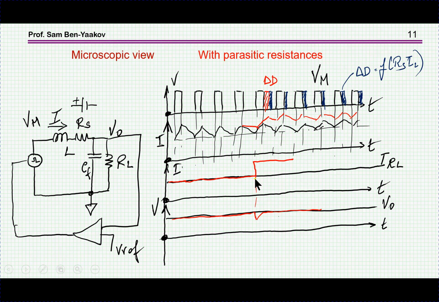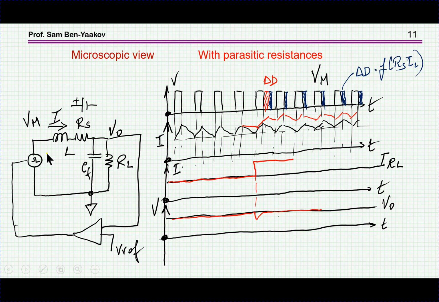In this case, if there is a change in the current due to the change in the load resistance, again we're going to have a drop here. Again, we are going to have an incremental change in duty cycle, but then we need an extra change in duty cycle to overcome the voltage drop across the resistance.